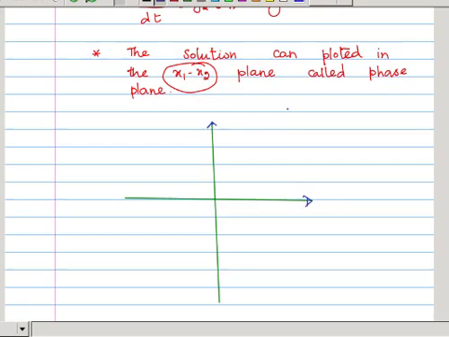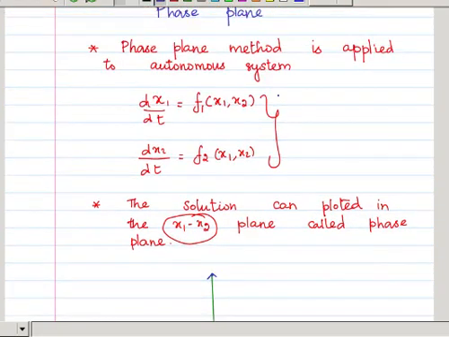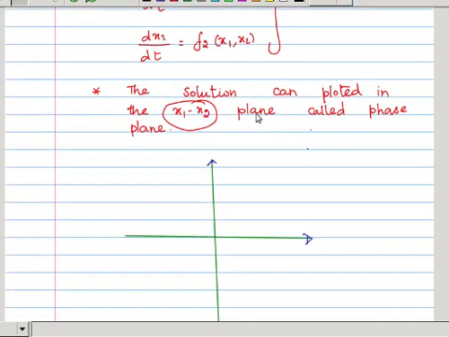So first, suppose we take dx1 divided by dt equal to minus x2, and dx2 divided by dt equal to x1.